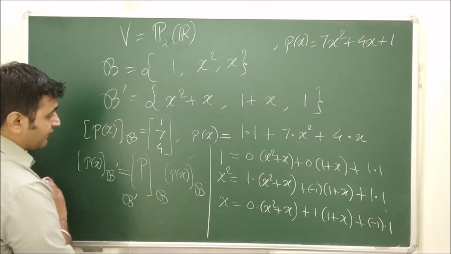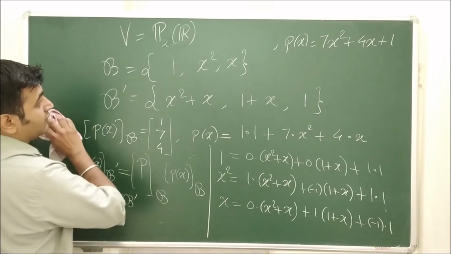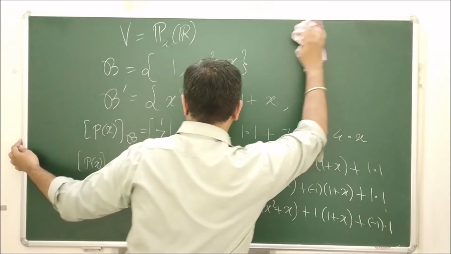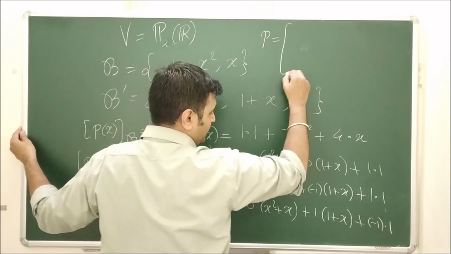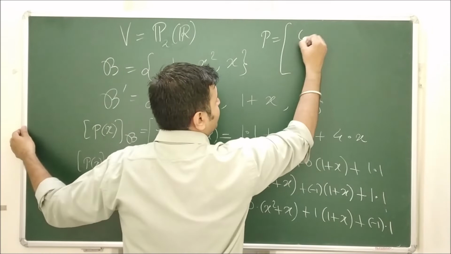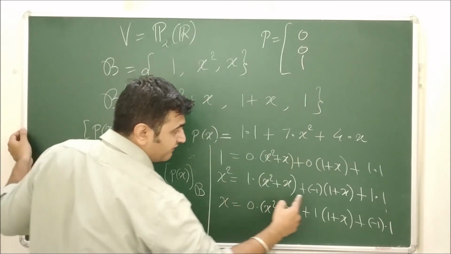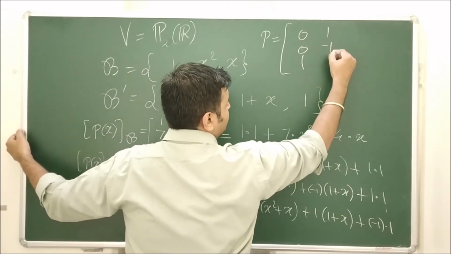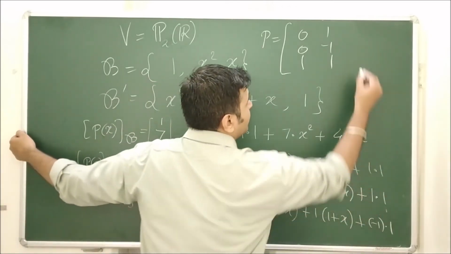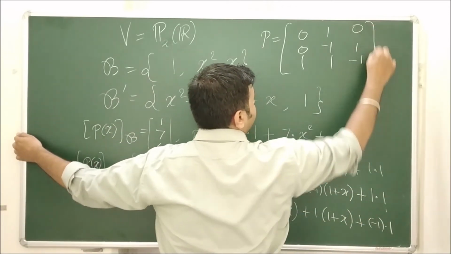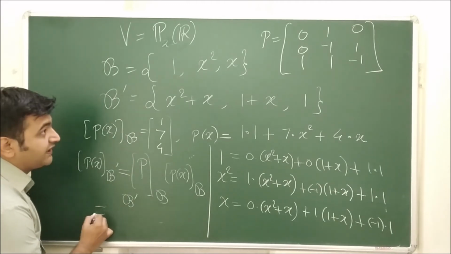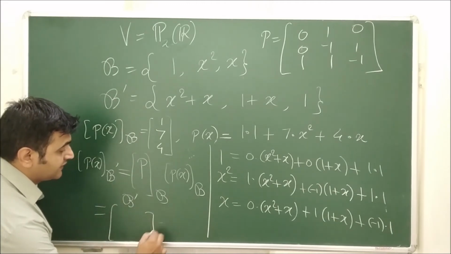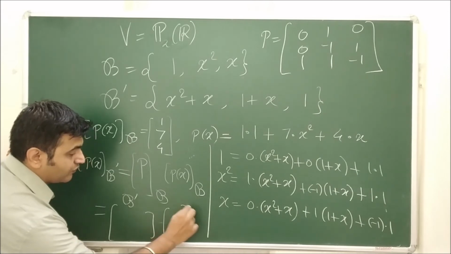Once I have this, what is the P matrix? First coordinate vector 0, 0, 1, second coordinate vector 1, minus 1, 1, and the third coordinate vector 0, 1, minus 1. Now you do this multiplication, your P times the coordinate vector 1, 7, 4.